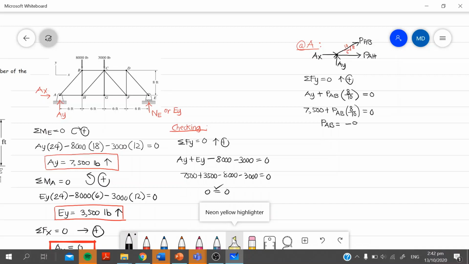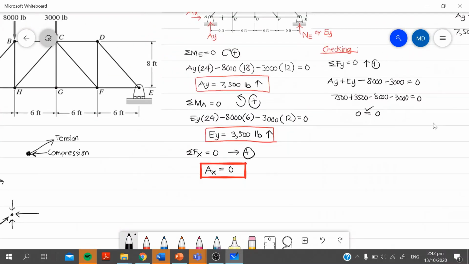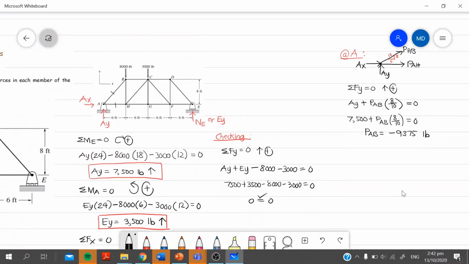negative 9375. Okay, by the way guys, at joint A, inassume ko na pagputulin natin tong member, tension ang lalabas. Diba yung tension is away from the member? Diba? Away from the member or from the joint.